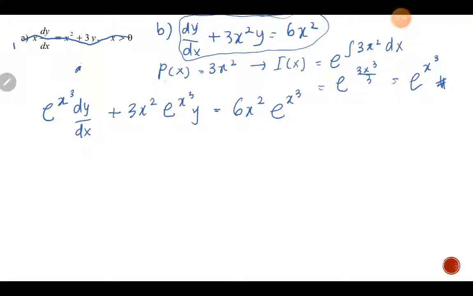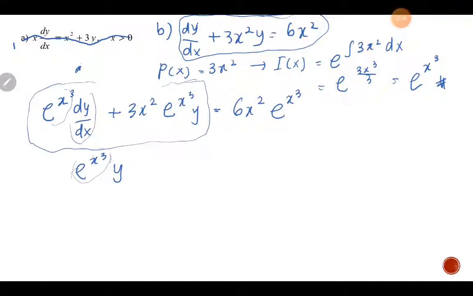Nampak tak yang ni? Apa you punya U and apa you punya V? Okay, biasanya senang je. E x cube ni, yang darab dengan dy dx itu adalah you punya U. And dy dx ni adalah you punya V. Tak percaya tengok. U e to power of x cube. You differentiate e to power of x cube dapat apa? Copy balik jawapan kan?